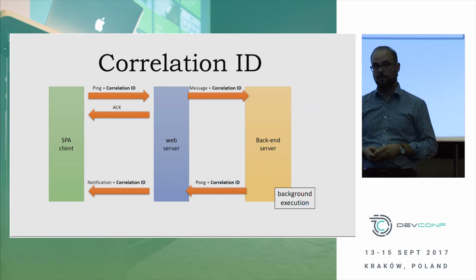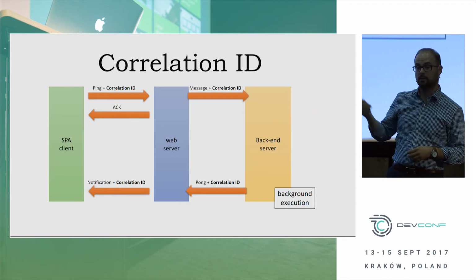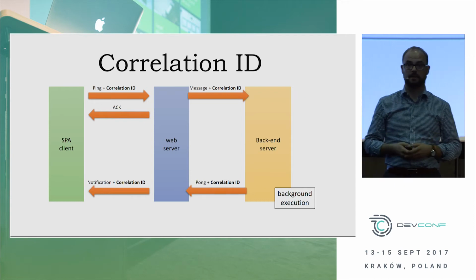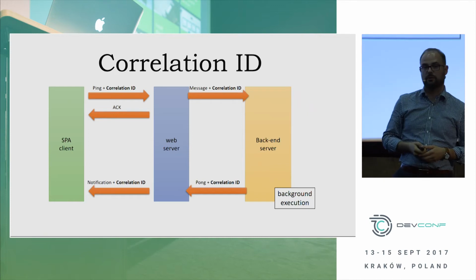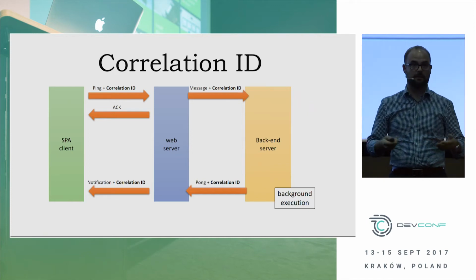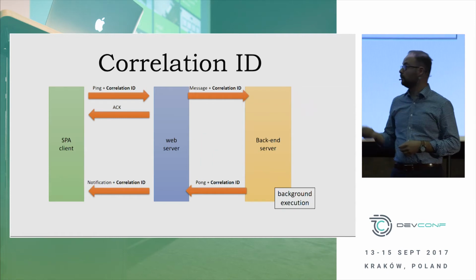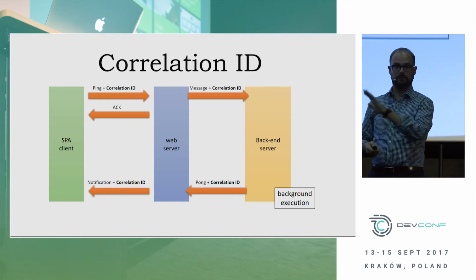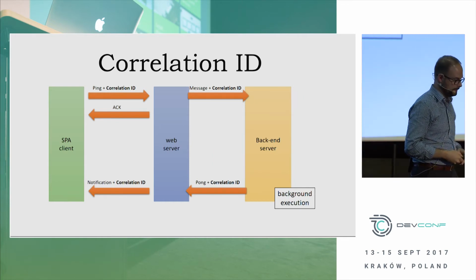The worst that can happen is that the server has seen the correlation ID before and therefore can mark the message as a duplicate and send another acknowledgement message, hoping that this one will get through, and the client will never retry again. And the rest of the stuff will follow completely.